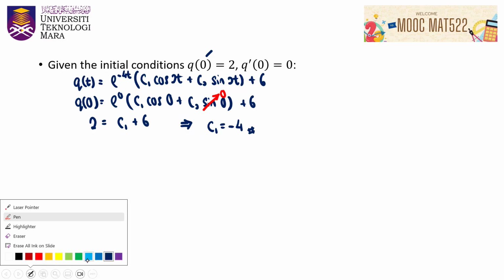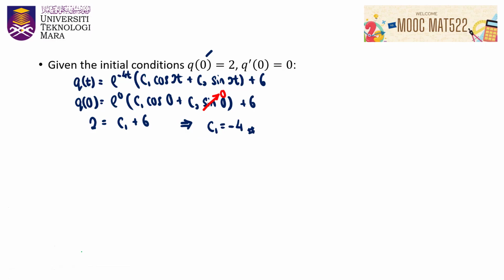In order for us to further find the value of C2, we use the second initial condition, Q'(0) equals 0. That is, we find the derivative of the equation of the charges.